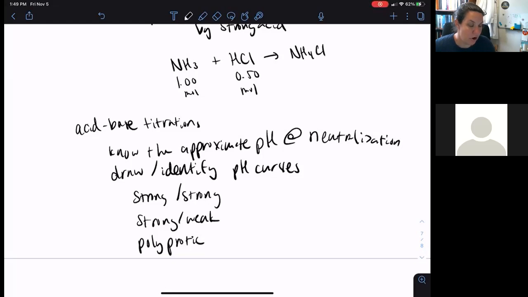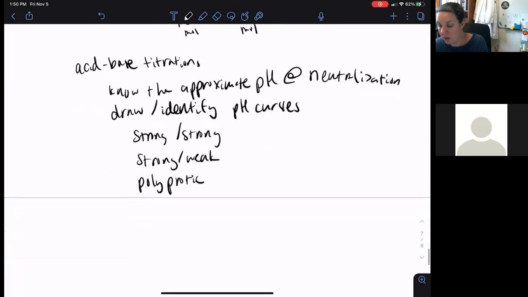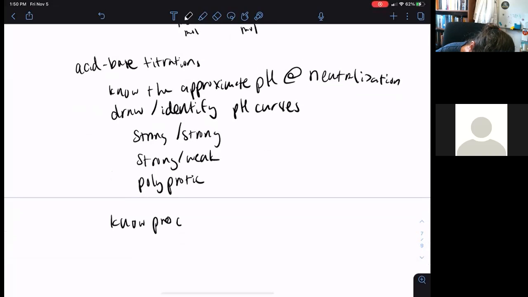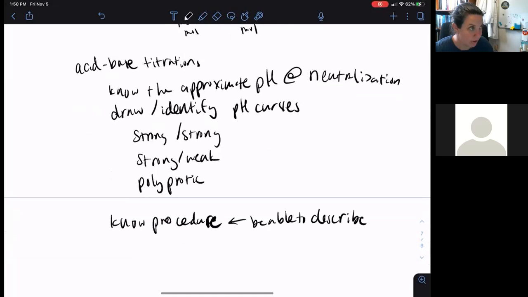And you should know the general procedure of a titration. So you should be able to describe what's going on within a titration experiment.